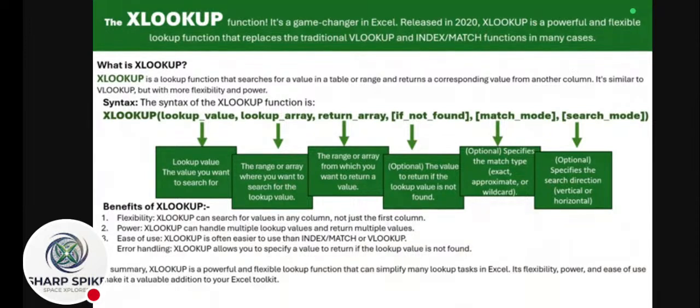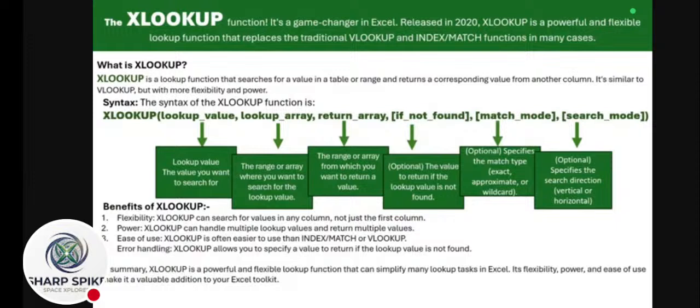Its syntax is XLOOKUP, bracket start, lookup value, comma, lookup array, comma, return array. These first three arguments are compulsory and mandatory, and the next three are optional arguments, that is, comma if not found, comma match mode, comma search mode.